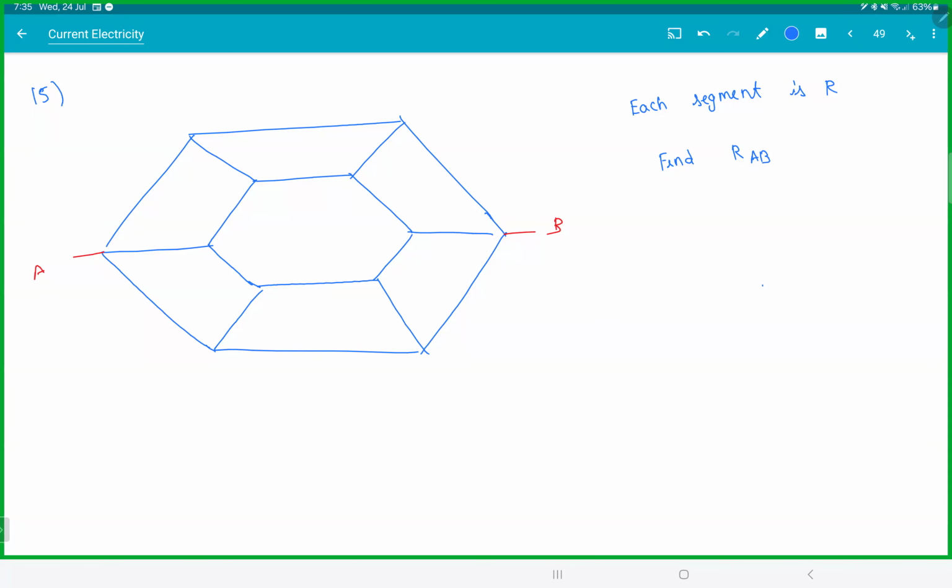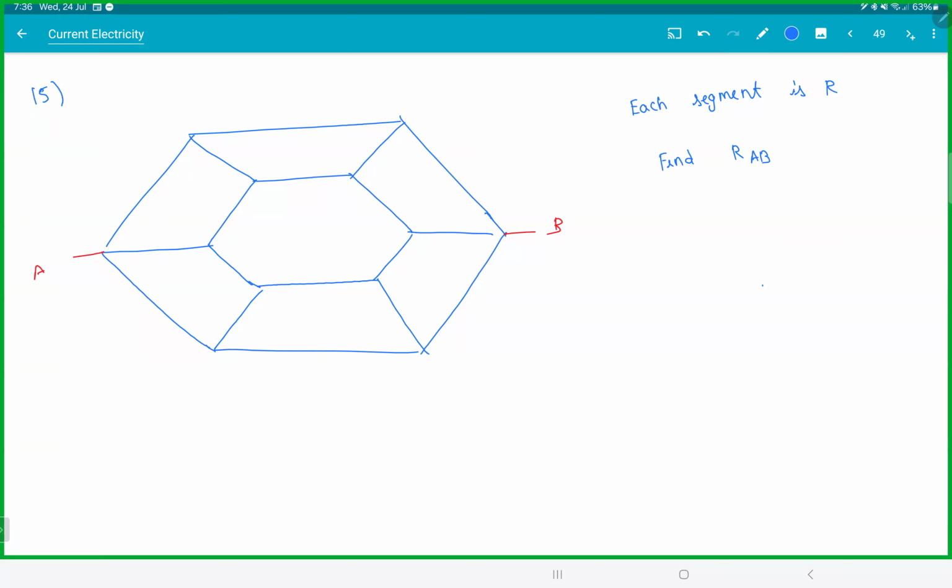Others do keep your hands on. Just get me the equations.